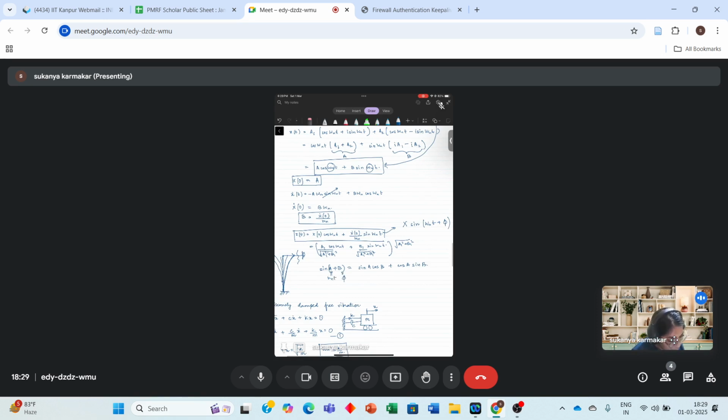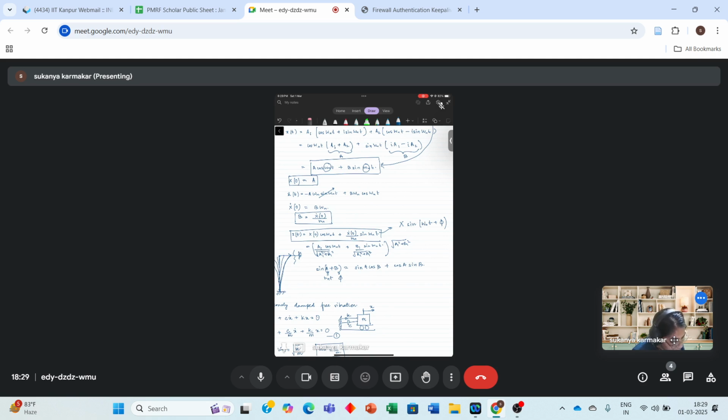So cos A is this, x0 is sine B, just compare this equation with this equation, and cos B is x dot 0 by omega n. Is this making sense? No, A is omega n t.